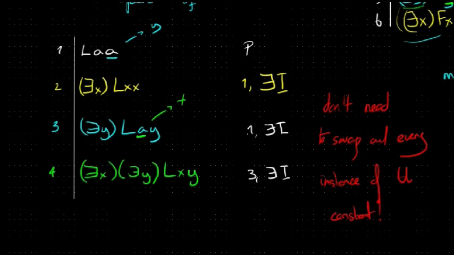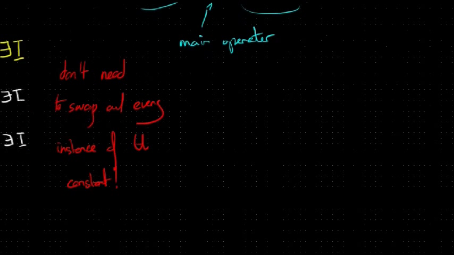Okay, so that's just to demonstrate that we don't need to swap out every instance of a constant. We could just swap out 1. And the same is going to go for, say, something like, if we'd had, so remember I miswrote this and I said I'd come back to it.